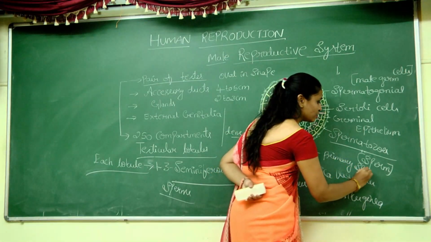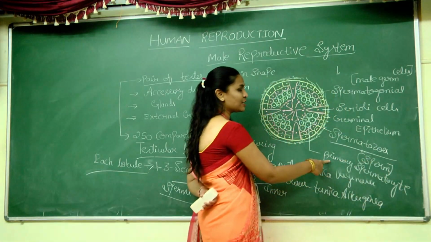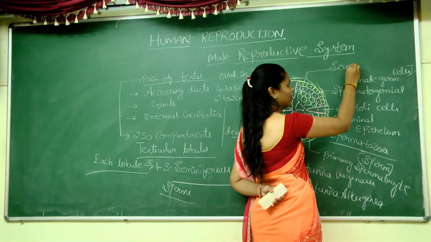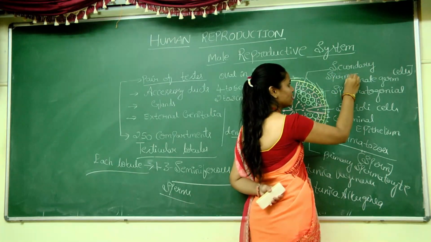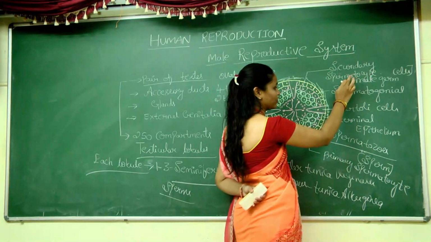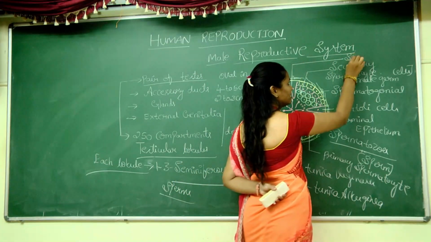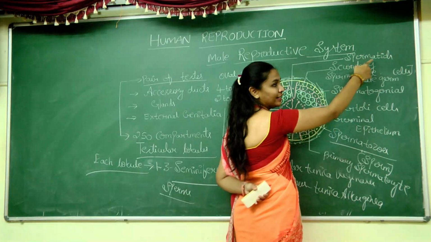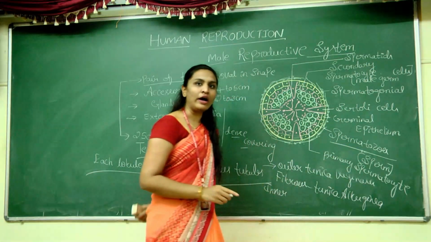Then the primary spermatocyte is transformed into a secondary spermatocyte. And the secondary spermatocyte is transformed into spermatids, and spermatids finally lead to the formation of spermatozoa, or sperm.